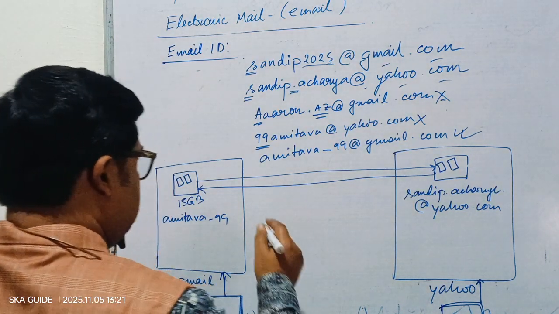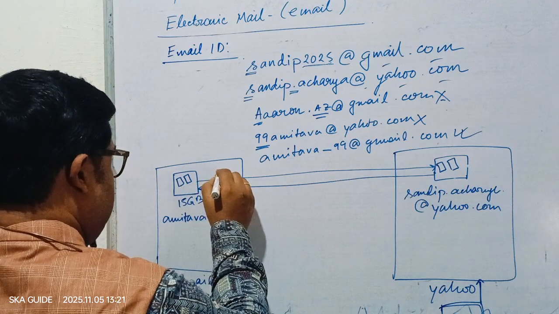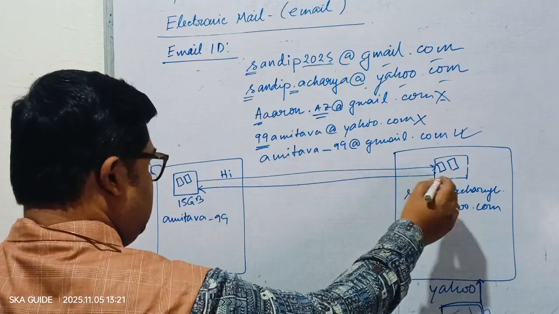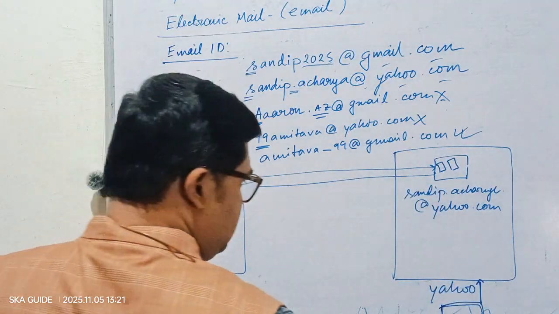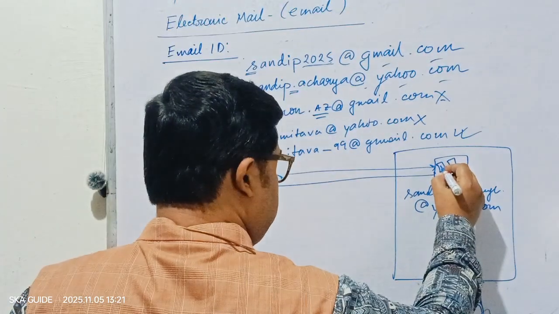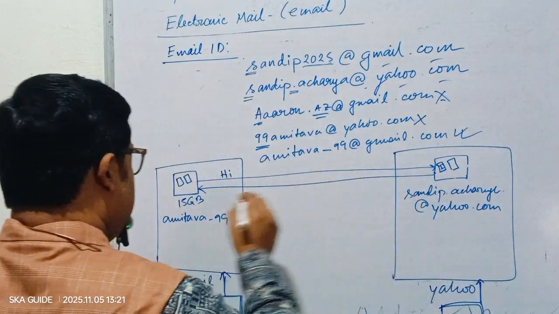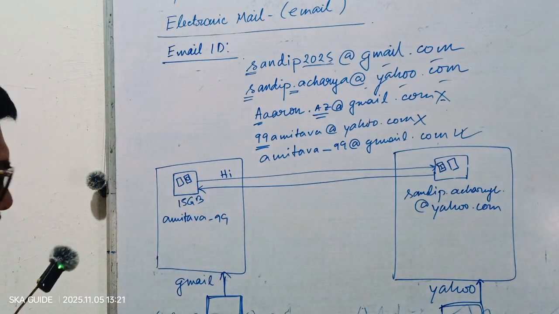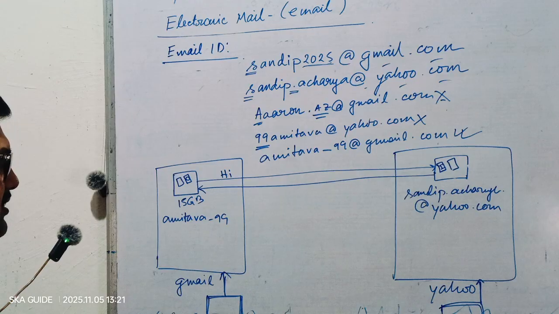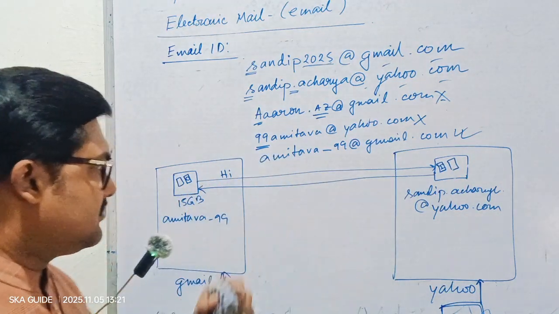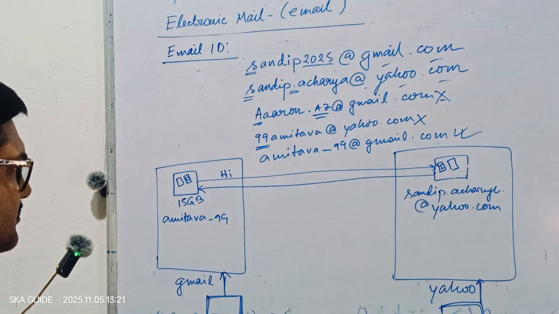So if he has sent hi, it will be in the inbox of Sandeep Acharya, and in the outbox of Amitabh Acharya. Okay, outbox means sent mail. That means it is sent to Sandeep Acharya.